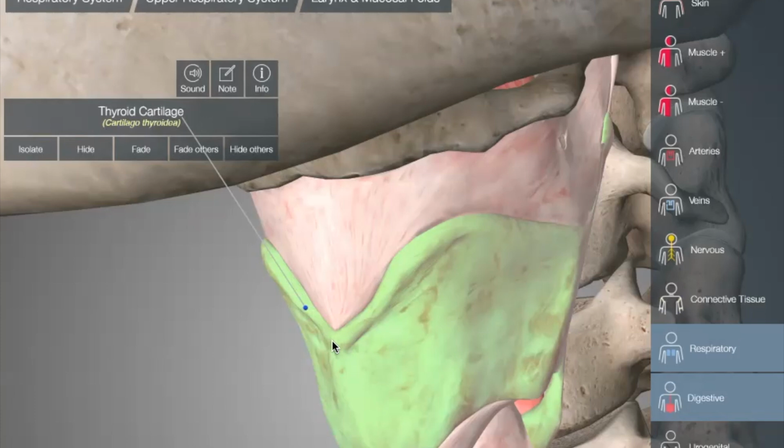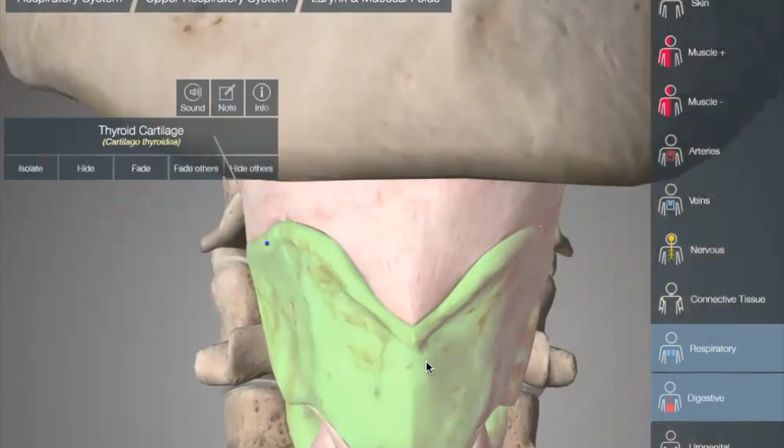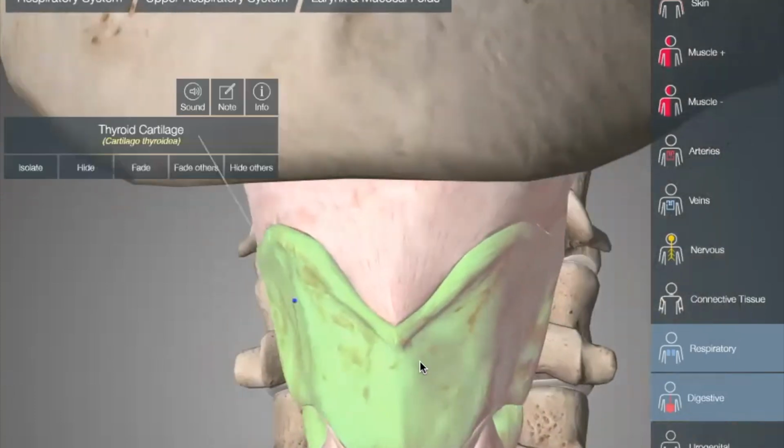What else? The thyroid cartilage is made up of two sheets, one and two, the right and left, and they are joined in the front to form this laryngeal prominence. Okay.